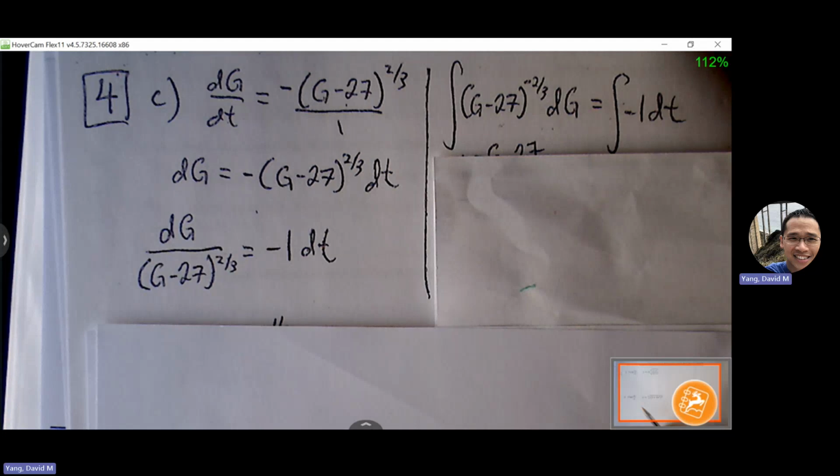A little bit of u-substitution on the left side. Okay, everybody good up to this point here?